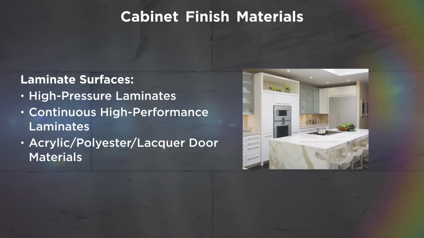Another category, laminate surfaces. The most common use of high-pressure laminates would be for countertop surfaces. However, a thinner version makes a very durable finish for cabinetry. You also have acrylic polyester lacquer. Those are all used for contemporary finishes and can be buffed to a high gloss finish. This spray-on finish is typically used on flat doors.